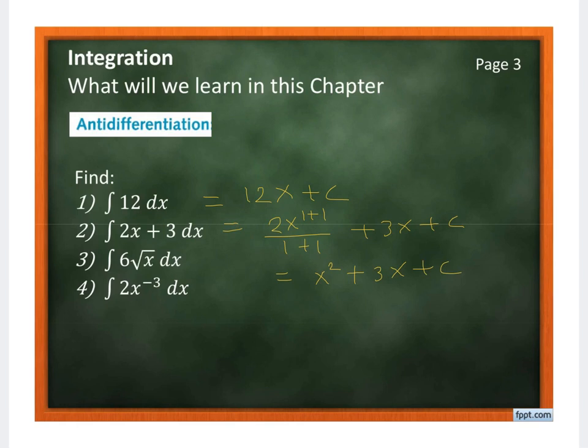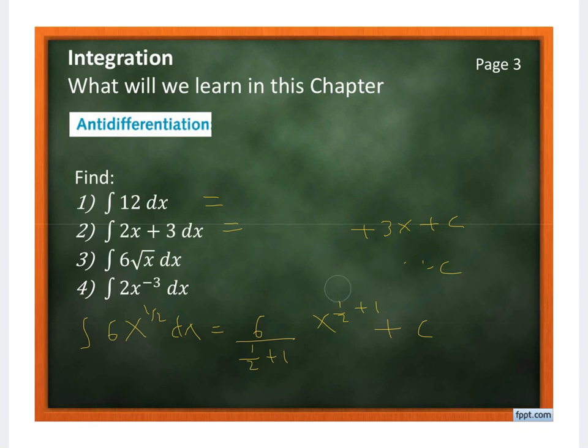For number 3, antiderivative of 6x to the half power dx equals 6 over 1 half plus 1, x to the 1 half plus 1, plus c. 6 over 1 half plus 1 is 3 over 2. x to the 1 half plus 1 is x to the 1 and 1 half.